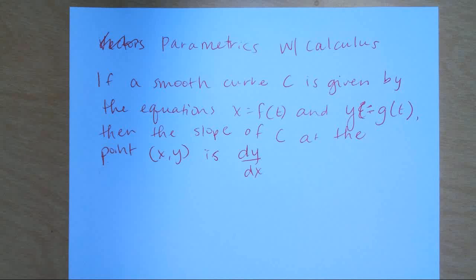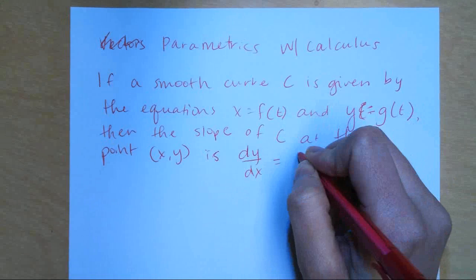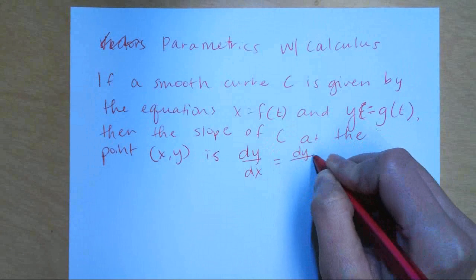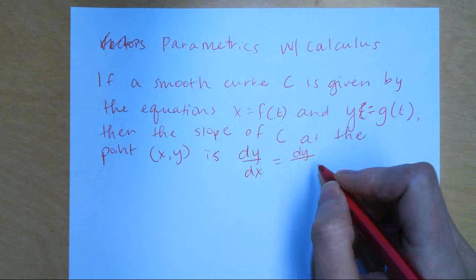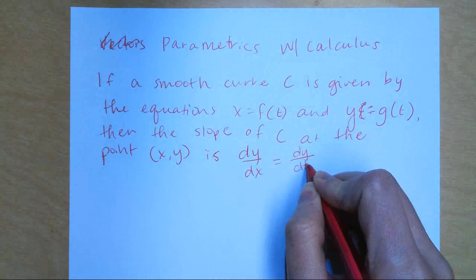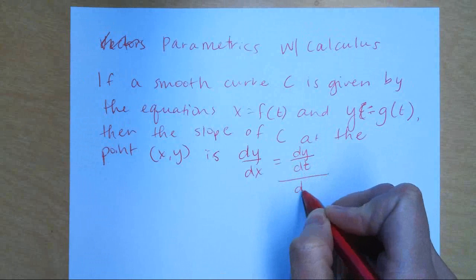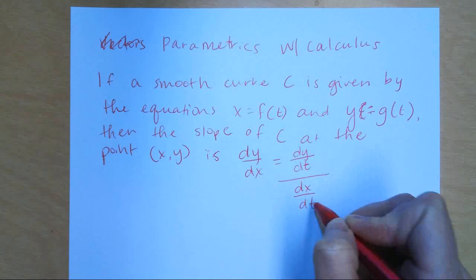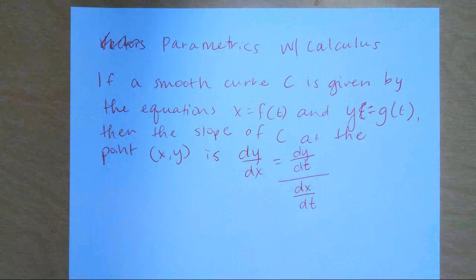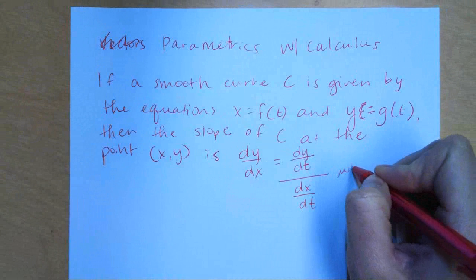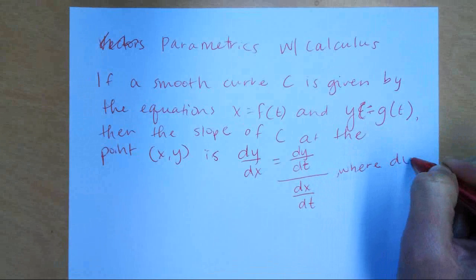Let's take the derivative of y with respect to t and divide by the derivative of x with respect to t, and we'll get dy dx. And of course, dx dt can't be 0.